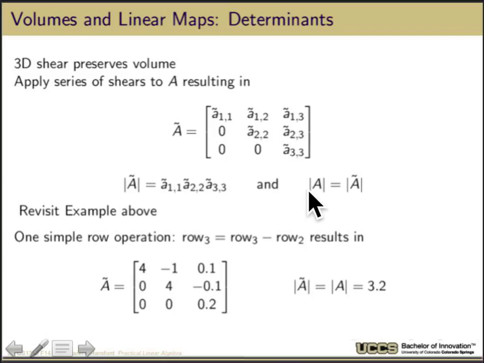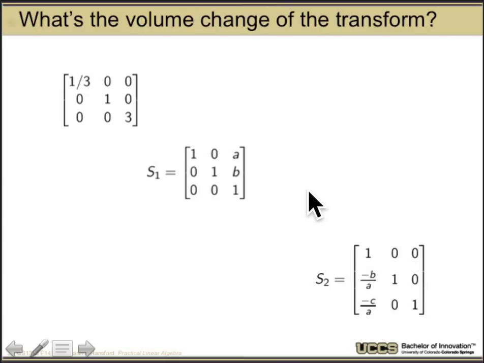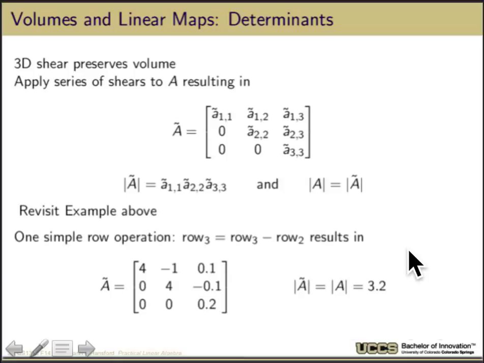So if we do that, we can get one of these kinds of shears to be able to do that. If I want to do a very simple row operation, row 3 equals row 3 minus row 2, I'm just going to subtract one row from another, right?